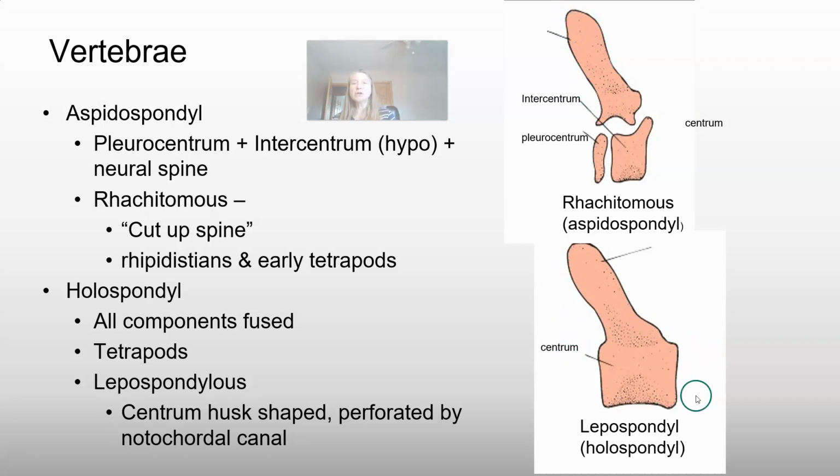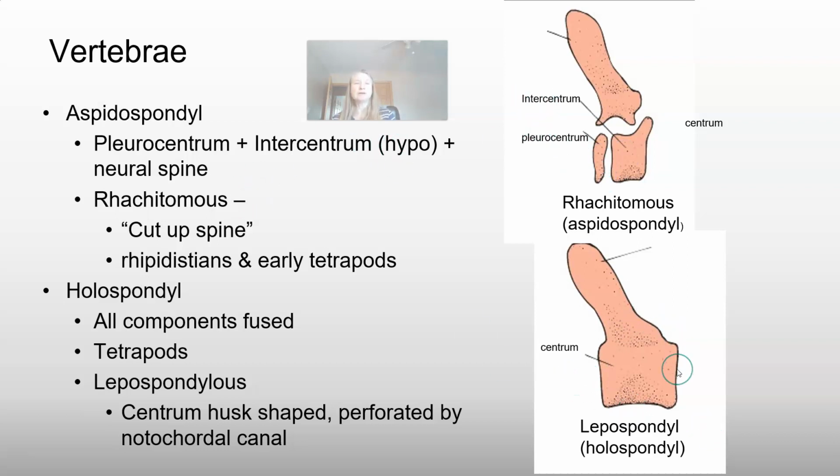We also have a holospondyle vertebrae, and this specific vertebrae is a lepospondyle vertebrae. Again, don't get too caught up on these terms. Basically understand the difference though. A spinospondyle, you kind of have this pleurocentrum and intercentrum, or you'll often see instead of intercentrum, you'll see hypocentrum.